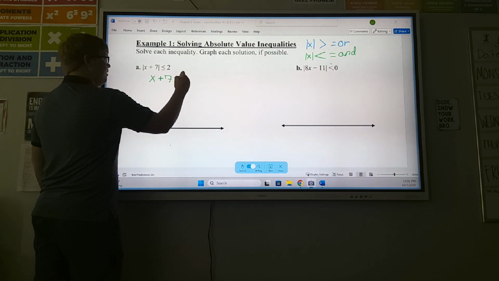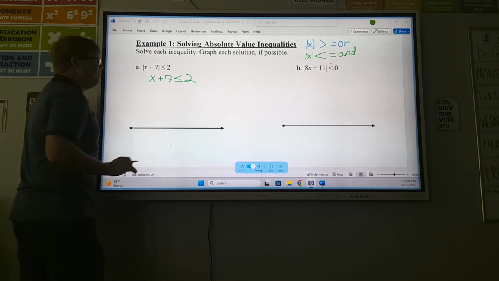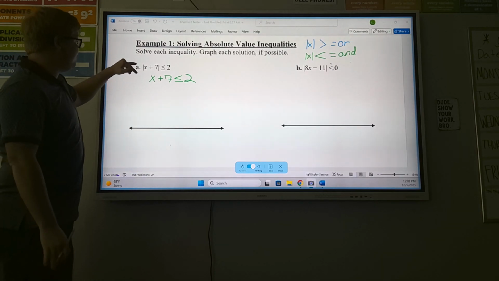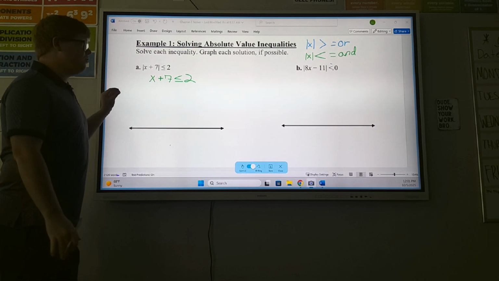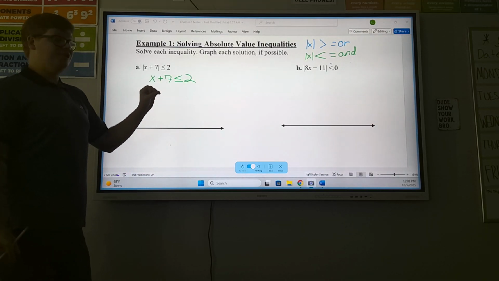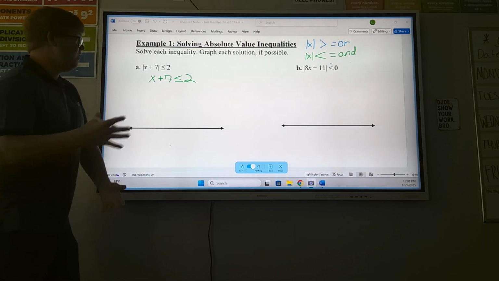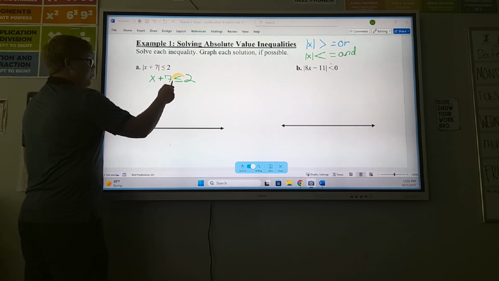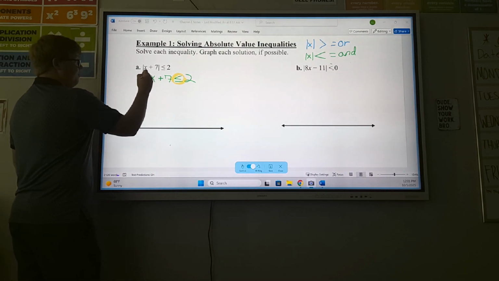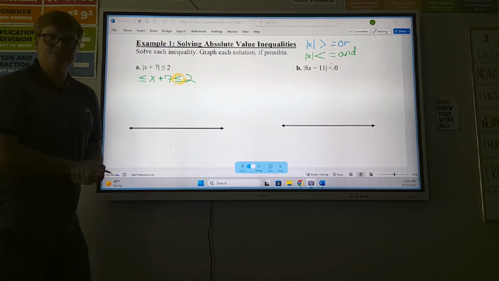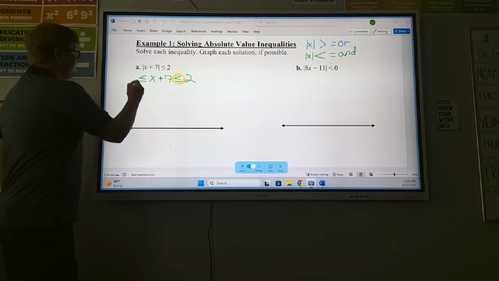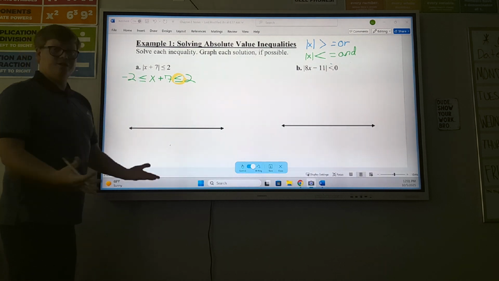Copy our sign. Put our 2 there. We've literally just copy and pasted this equation and moved it here, right? Now, instead of writing two different equations, flipping our sign and changing this to the opposite, we can actually copy this sign and put it right here and change our 2 to the opposite. What's the opposite of a positive 2? It's a negative 2.